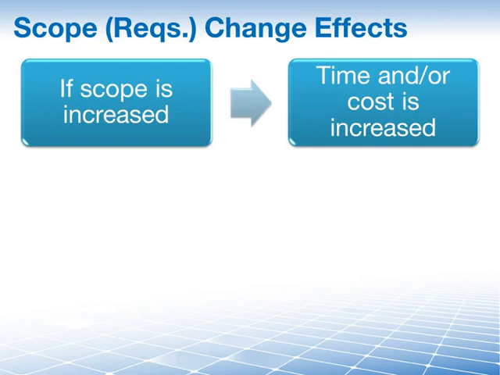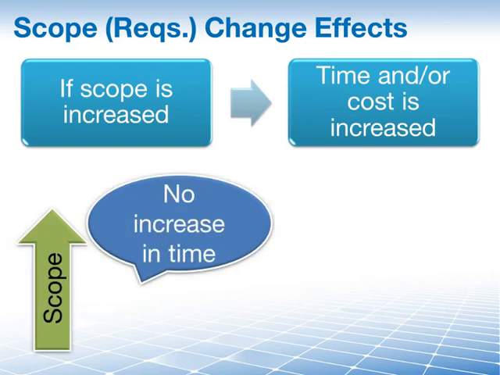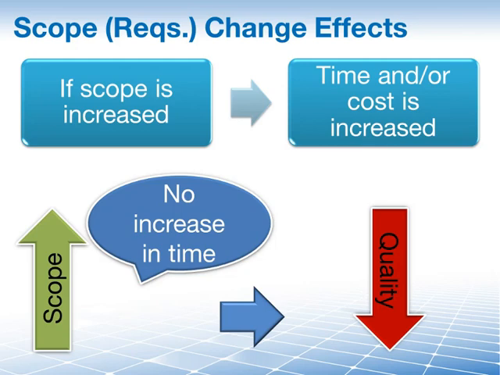If, however, we decide, well, the scope has increased, but we really cannot increase the time, we have to deliver this at the predefined project scheduled end, then what will most likely happen is that your quality is going to drop. Think about it. You have more to do. You don't have any more money to do it. You have the same time. So something has to give. And you're very likely going to rush through things just so that you can deliver your project on time. Your quality will go down.